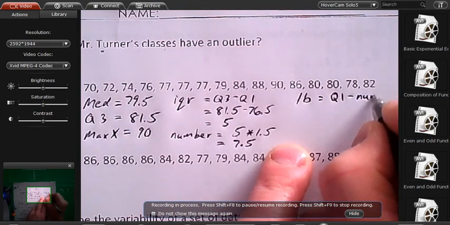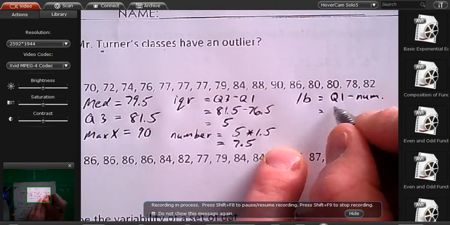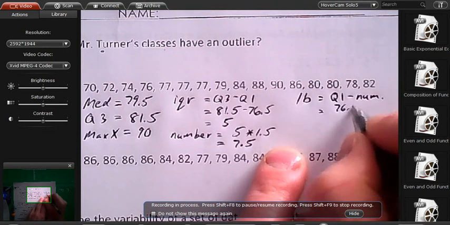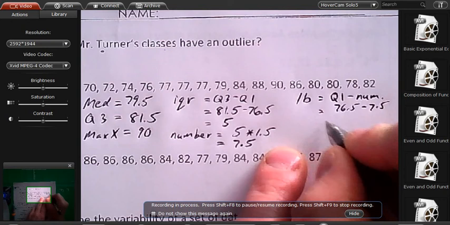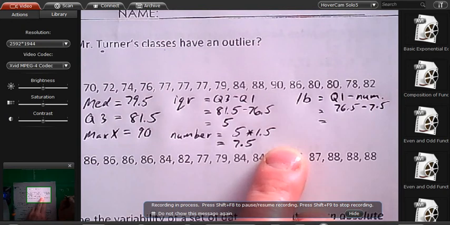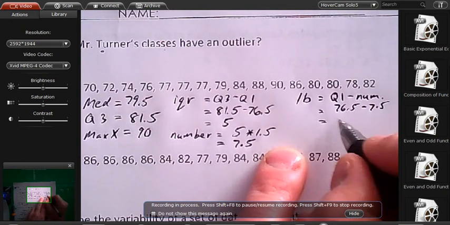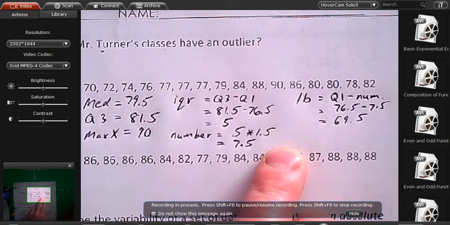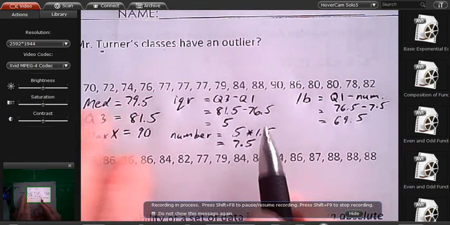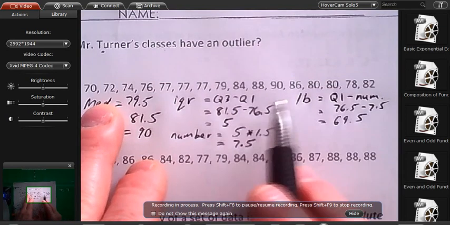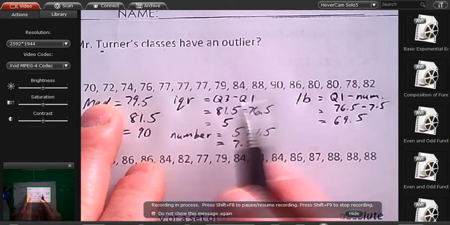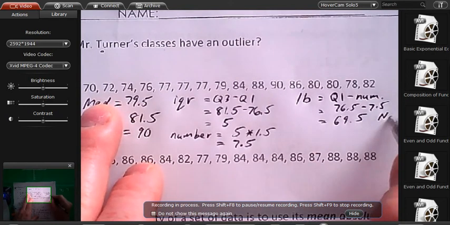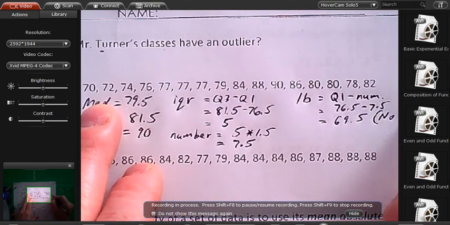That gives me 76.5 minus 7.5, and that comes out as 69.5. So 69.5 is my lower boundary. Now, do we have any numbers that are less than 69.5 in this list? No. So we would say there is no lower outlier.